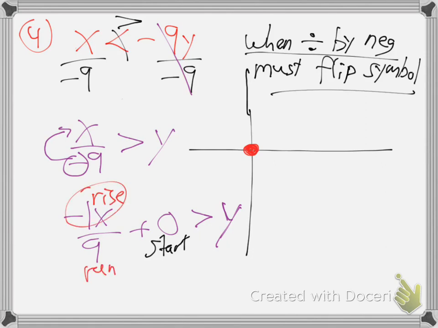So if you rise negative 1, that is down 1. And then run, go over 9, huh? 1, 2, 3, 4, 5, 6, 7, 8, 9. So down 1 over 9. Connect the dots. It's going to be a pretty flat line, isn't it?